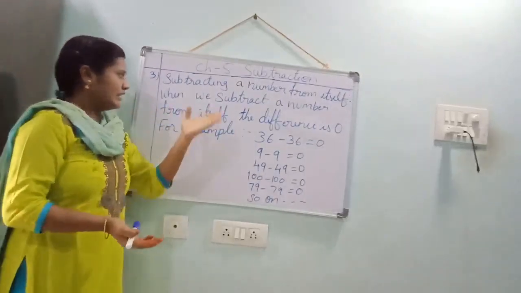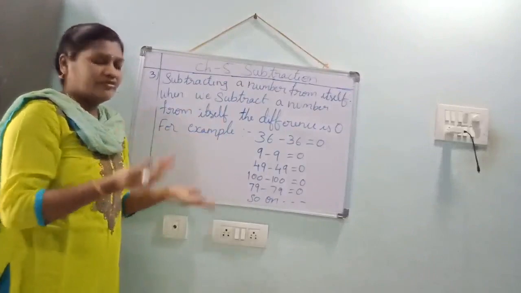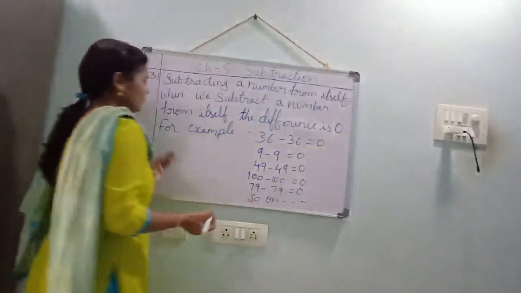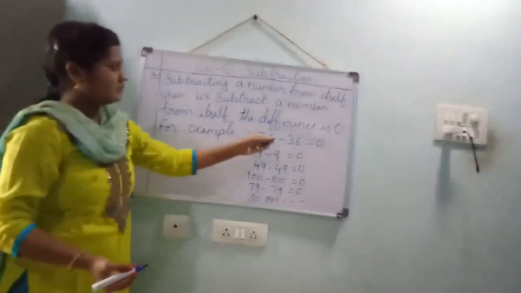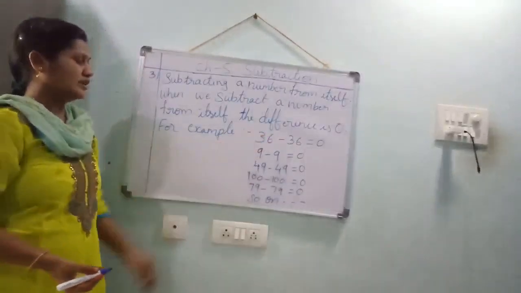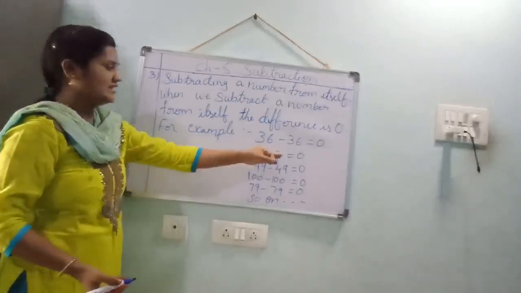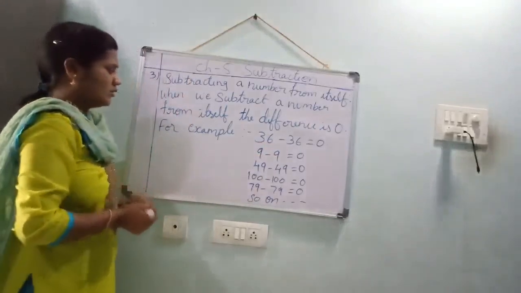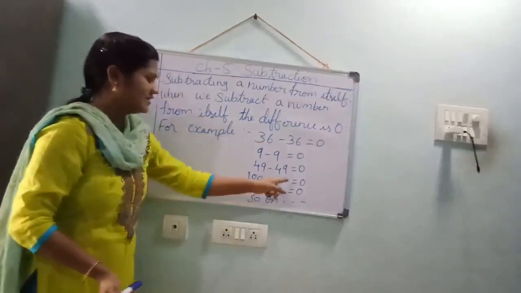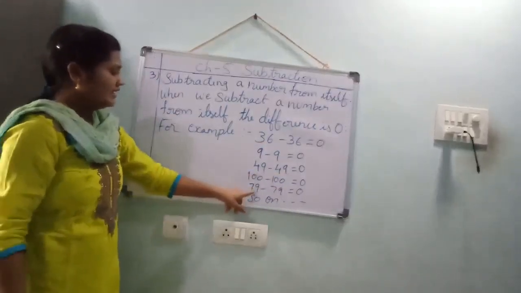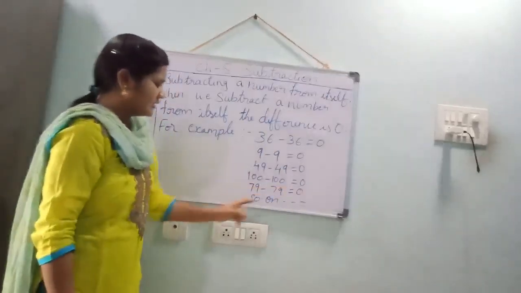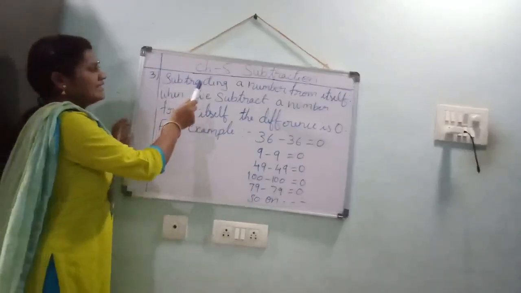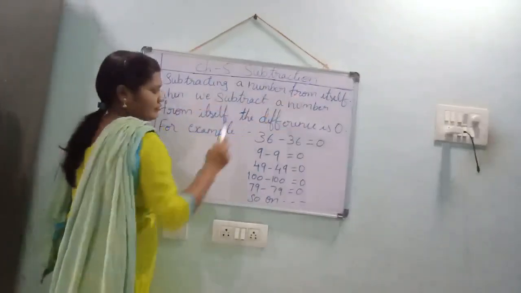For example, 36 minus 36 is equal to 0. 9 minus 9 is equal to 0. 49 minus 49 is equal to 0. 100 minus 100 is equal to 0. 79 minus 79 is equal to 0, and so on.